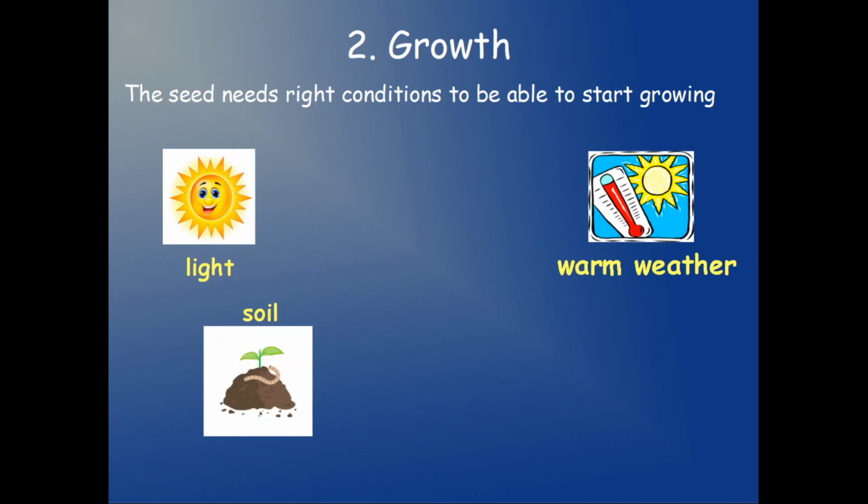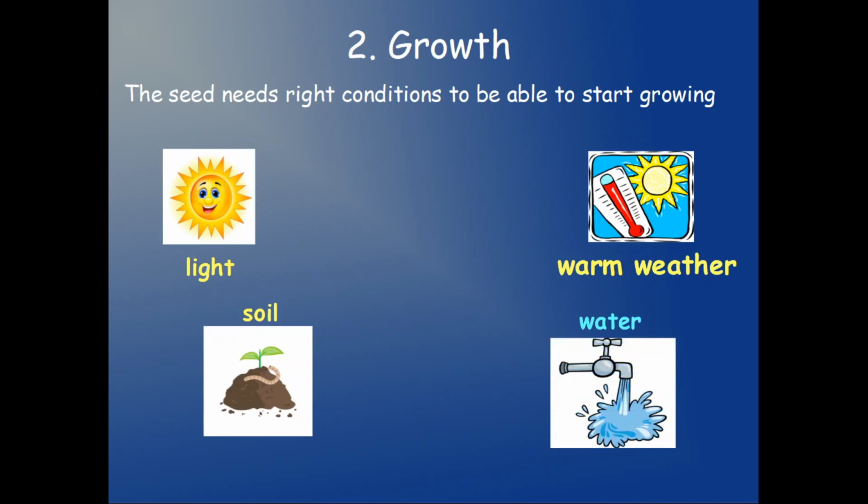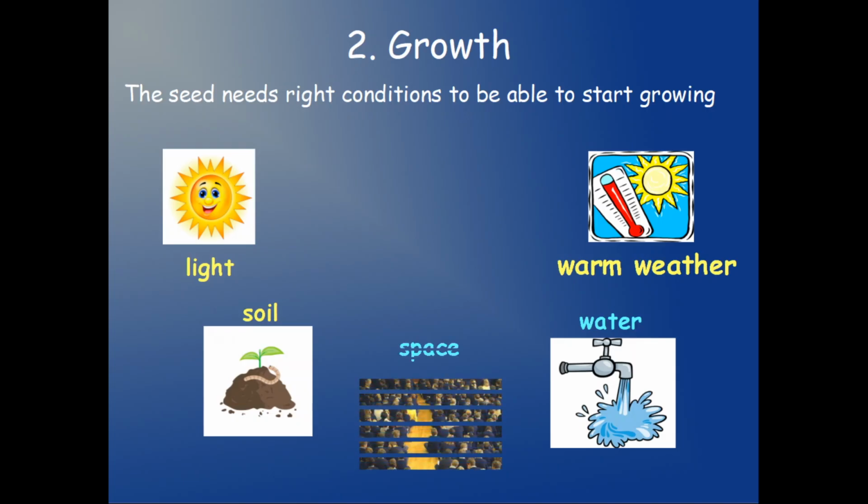And how is it going to do that? Well, with water. The nutrients are dissolved in the water, and through the roots the plant is going to absorb that water with nutrients. And finally, we need some space, because if we have too many plants together, we're going to have lots of roots together, and there won't be enough nutrients or enough water for all of them.